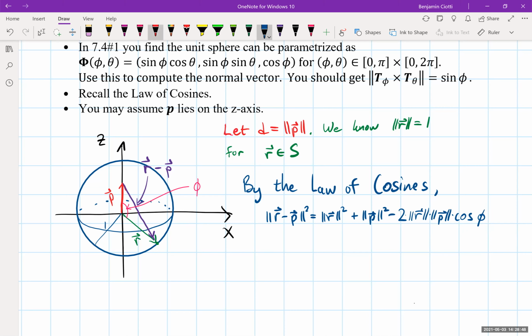And this term is 1, and this term is d. So, i.e., the length of r minus p is 1 plus d squared minus 2d cos phi, all in a square root.